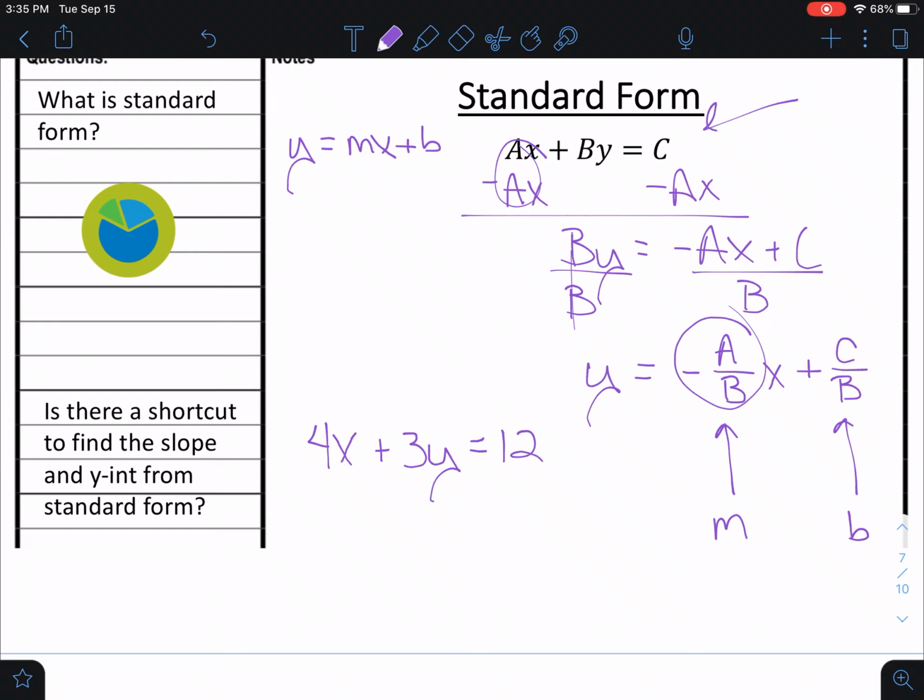Well, you could say my a is 4, so negative 4, negative a over b, which is 3. So my slope would be that. This is a little faster way if you can remember this right here. Otherwise, you can just convert it into slope-intercept form if that's easier for you. But I like this, just kind of a nice shortcut.